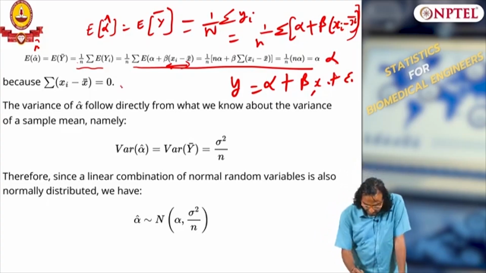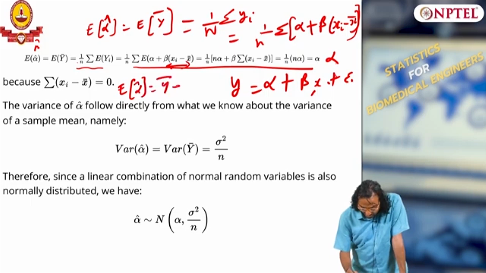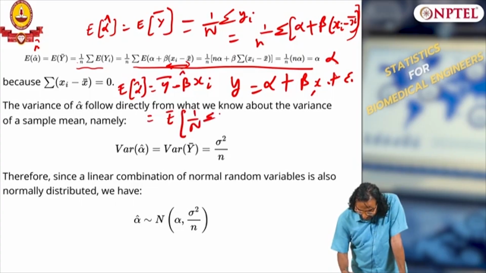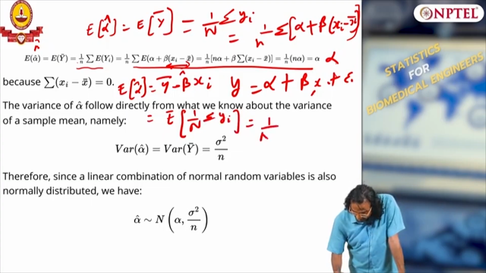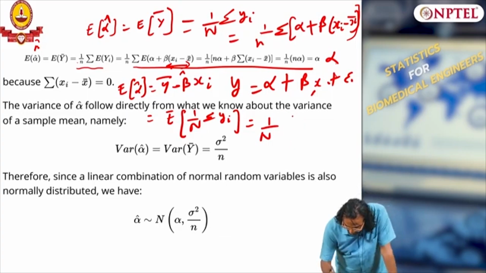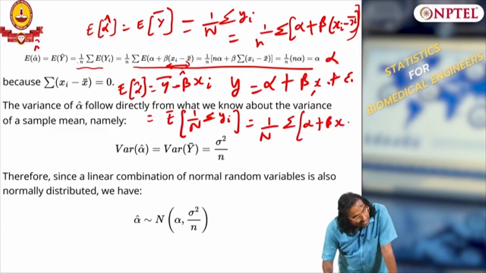So if you go by that, the expectation of alpha hat is nothing but y bar minus beta times xi. What is y bar? Y bar is nothing but 1 over n times the summation of yi. What is yi? I can take the 1 over n outside, and the summation also I can take outside, alpha plus beta xi, and what do I have already here, beta hat times xi.